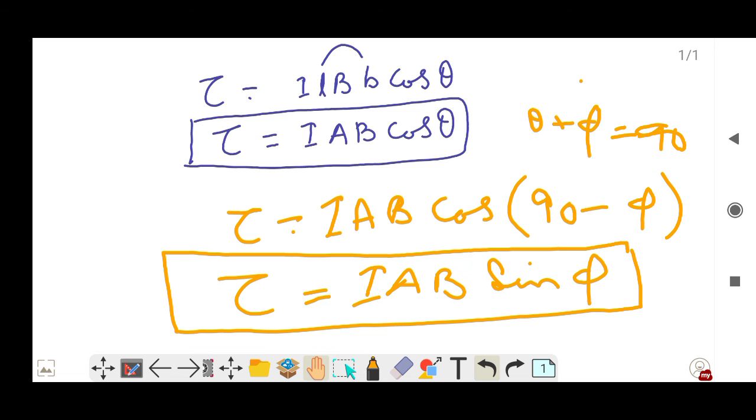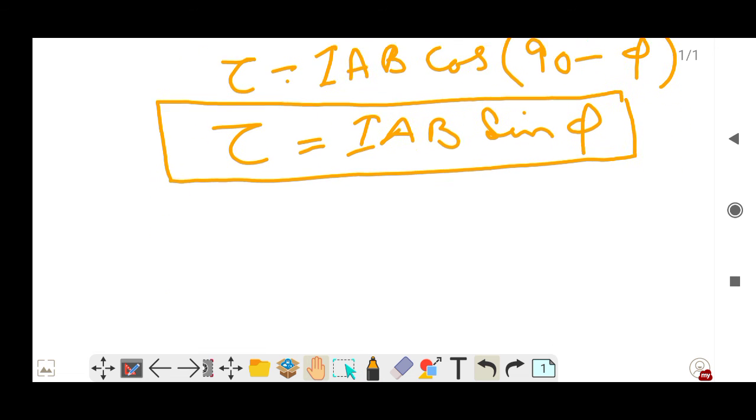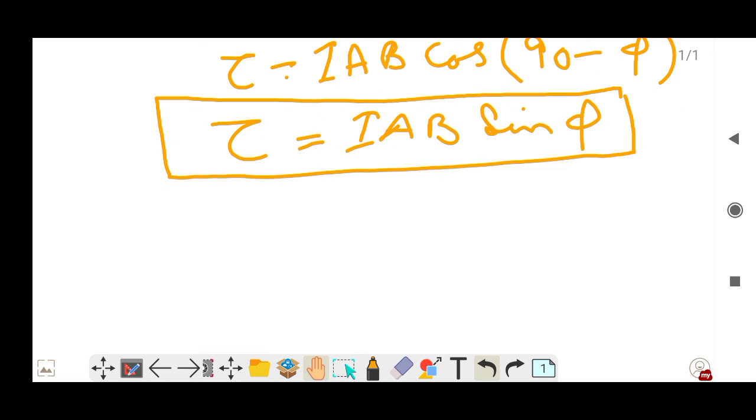And I have assumed that we are having only one turn. If I am taking n turns, then we'll write torque is equal to n, the number of turns in the coil, times I A B sine phi.